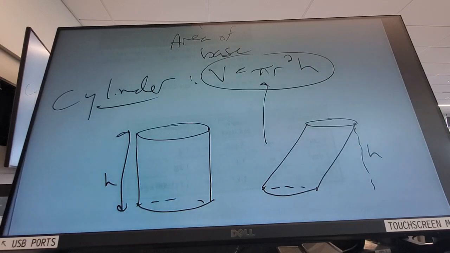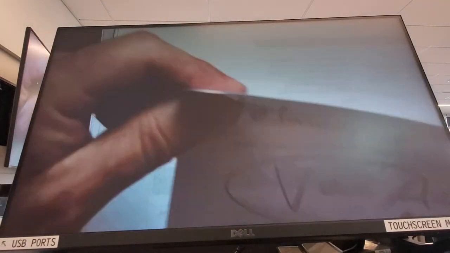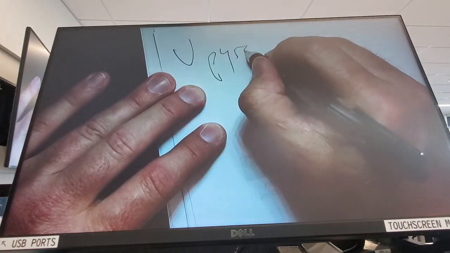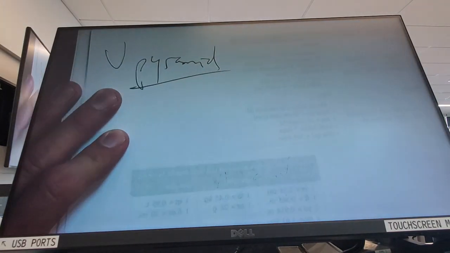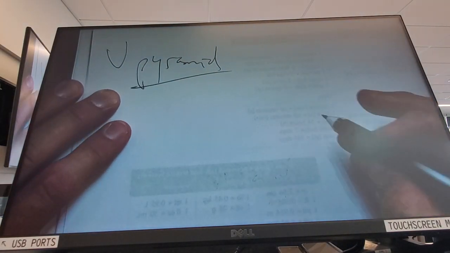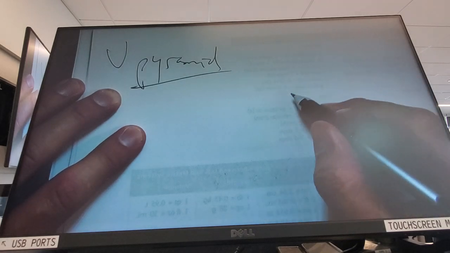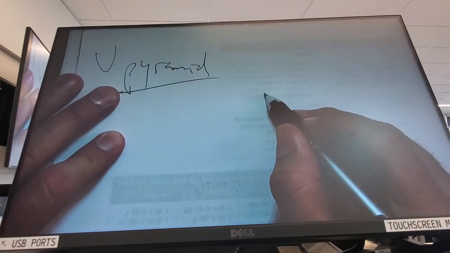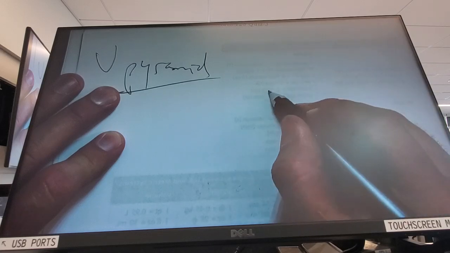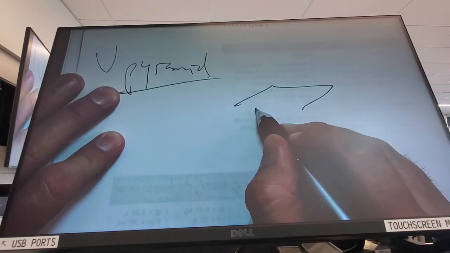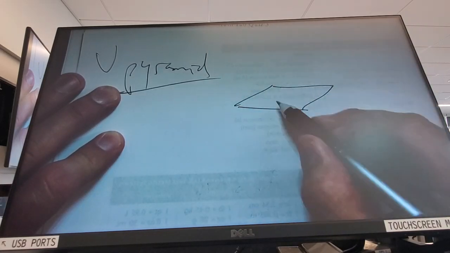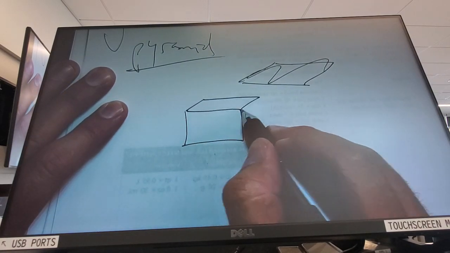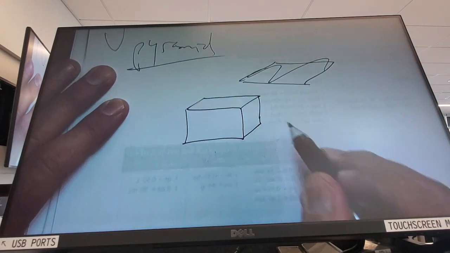Things get a little more interesting. Here's the last thing I'll talk about. When you talk about the volume of a pyramid, so if we try to draw a pyramid, and we all know how to do this now, if I make a little base, and actually let's make a solid, little box solid.